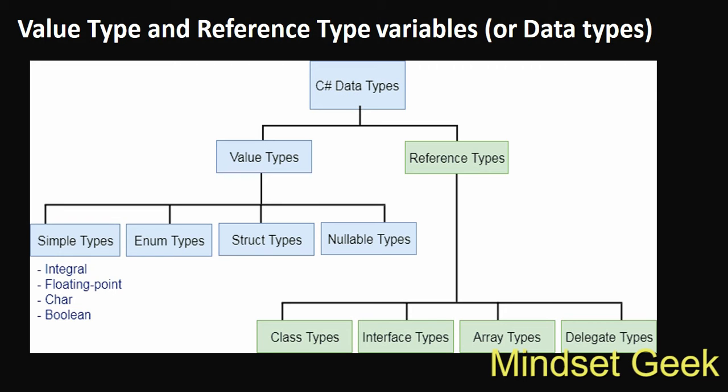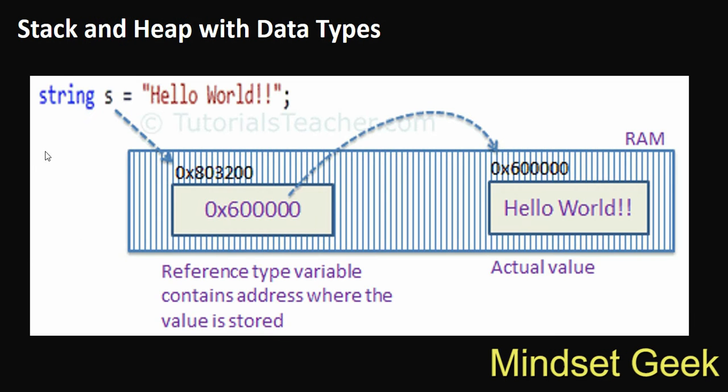In the previous lesson, we talked about implicit and explicit data types, right? In this lesson we are talking about what is value type and what is reference type, with the stack and heap concept. This is stack and heap with data type introduction.